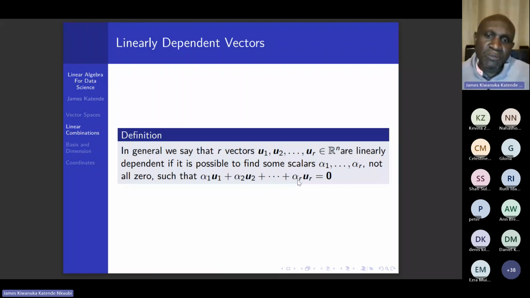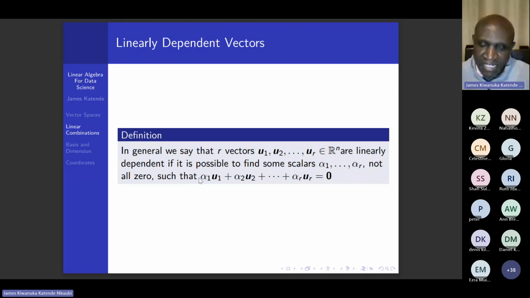So this also simply means you can express any one of them as a linear combination of the others. So for instance, if I want to express U1 as a linear combination of the others, I will simply push everything else to the left. If they move to the left, they all have negative coefficients.